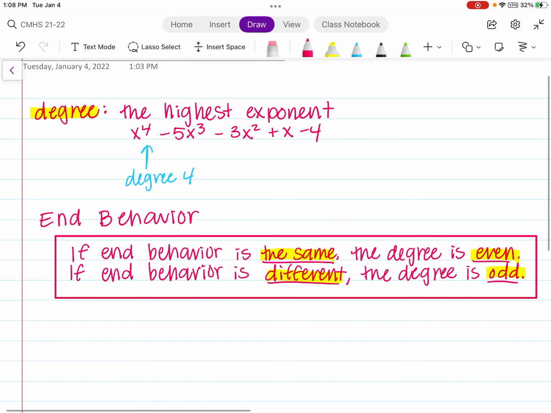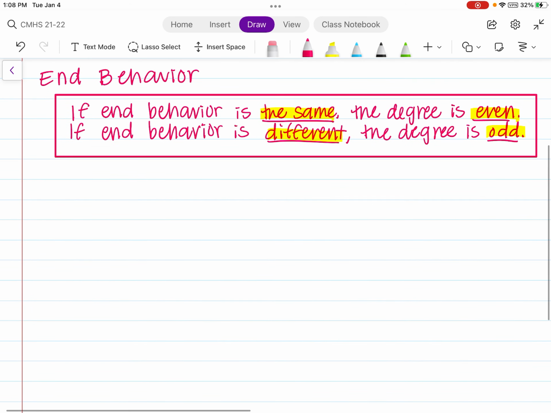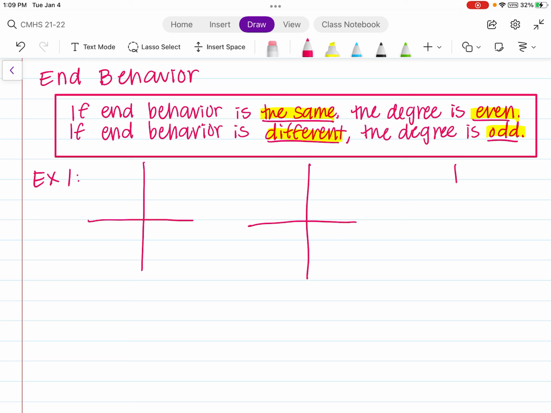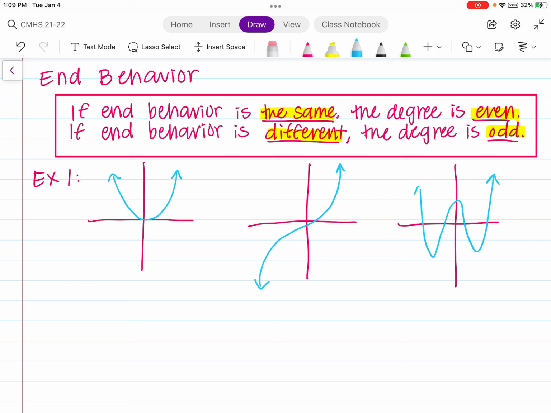Okay, so let me show you what I mean in this example 1. We're going to draw 3 little mini graphs, very small. The first one is a lovely parabola, the parent function. Next one is a little squiggly guy, and this one's really squiggly. They don't have to be perfect, just kind of rough like that.